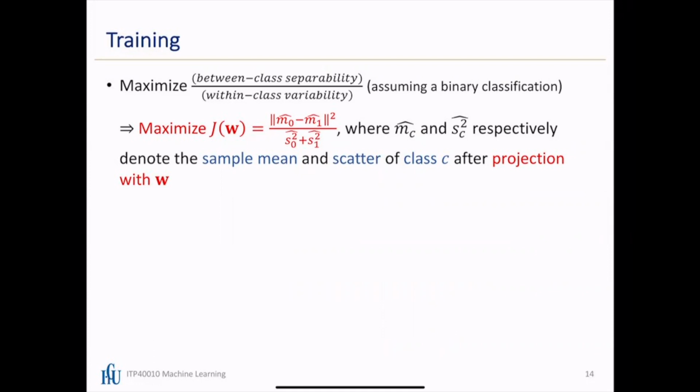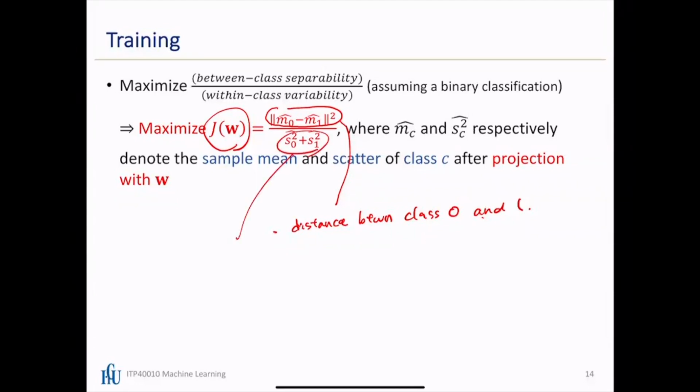To quantify what we have discussed, we want to maximize some function of between-class separability. Again, this can be interpreted as the distance between class number 1 and class number 0, divided by the sum of the variance of class number 0 and the variance of class number 1.